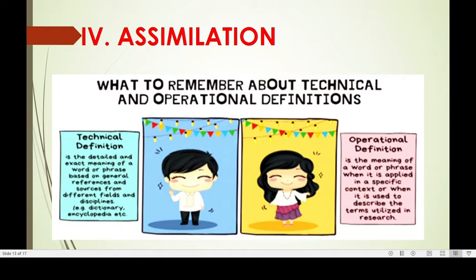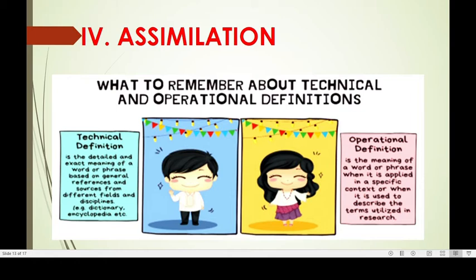Down to the 4th phase of our episode, assimilation. What to remember about technical and operational definitions. We have to take note that technical definition is the detailed and exact meaning of a word or phrase based on general references and sources from different fields and disciplines.